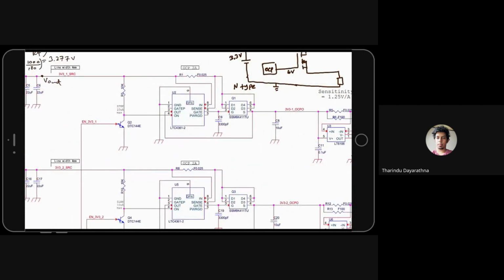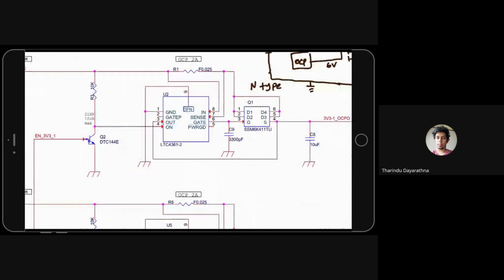Using this pin we can enable or disable the OCP. But you have to remember there's a bar here, which means if low, then activate. 0 means on, 1 means off.